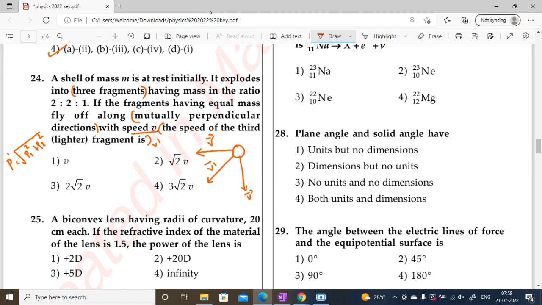Momentum is the product of mass and velocity. This is the first particle and this is the second particle. The question says the first two particles have mass 2, 2, so let me take that value: 2mv the whole squared plus 2mv the whole squared.